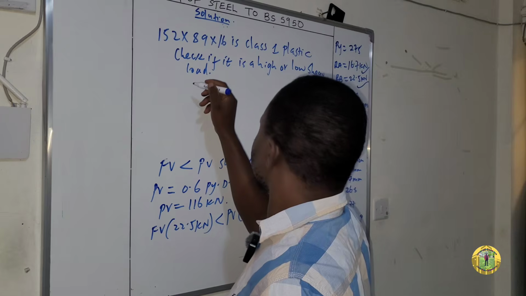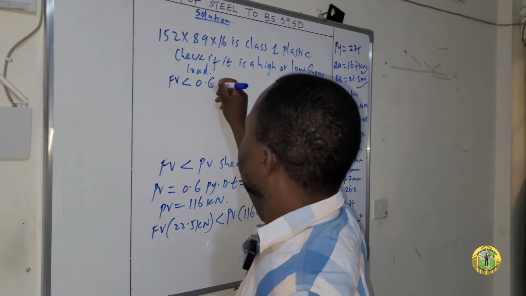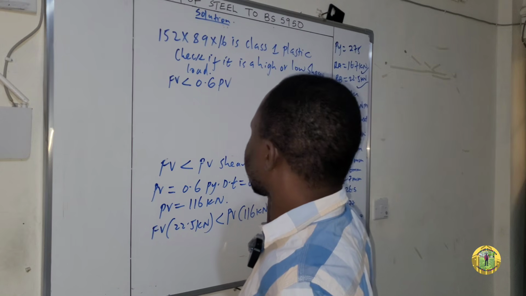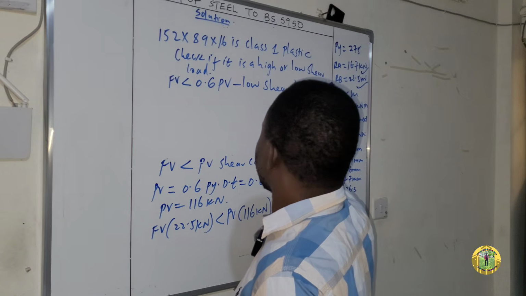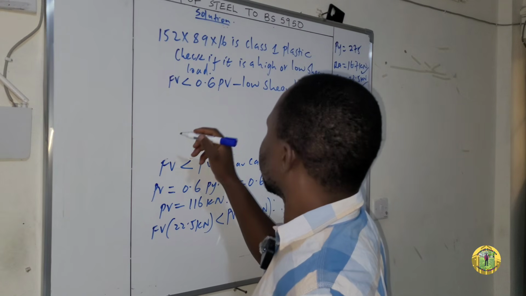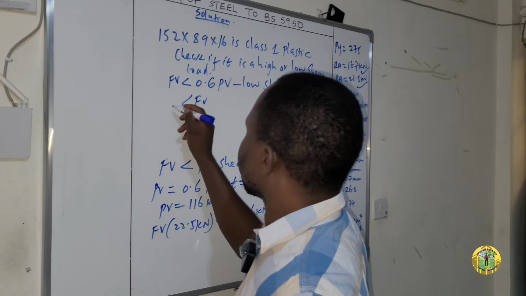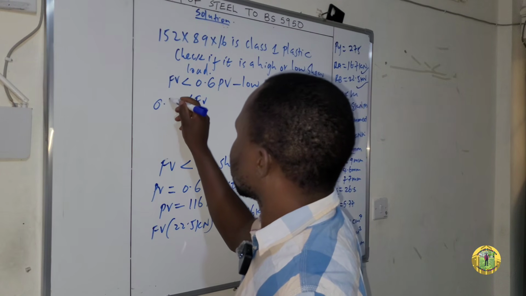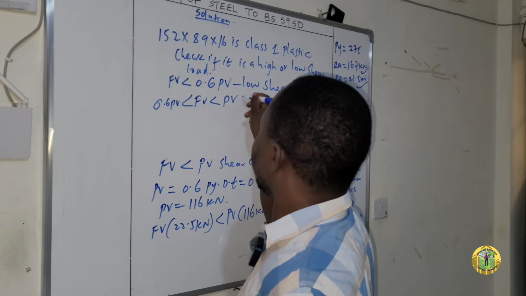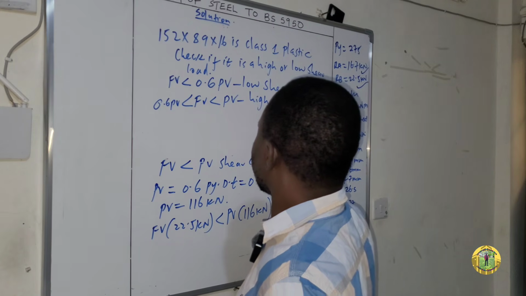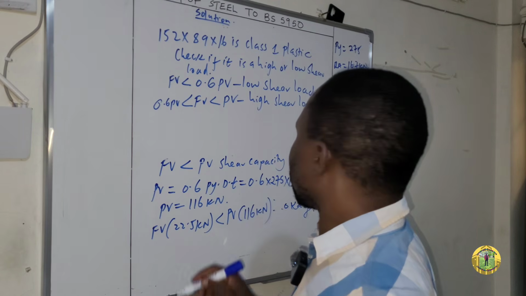For a low shear load, FV is less than 0.6 PV. And for a high shear load, FV is greater than 0.6 PV but less than PV.